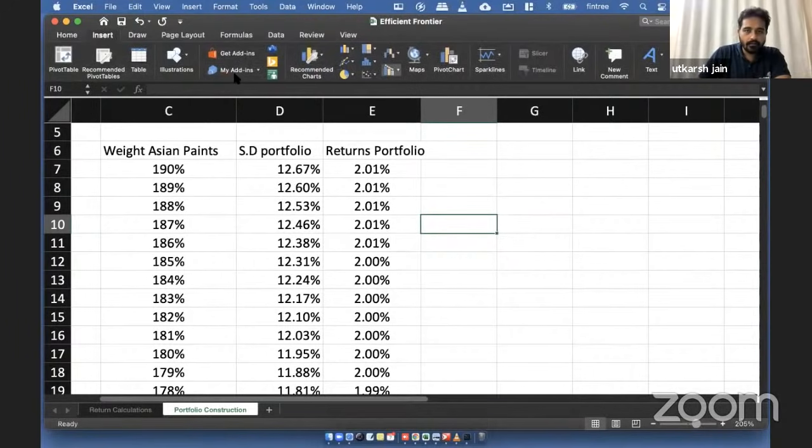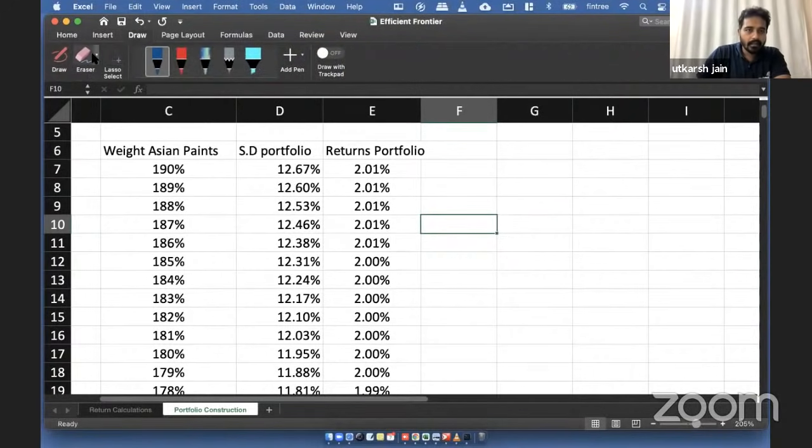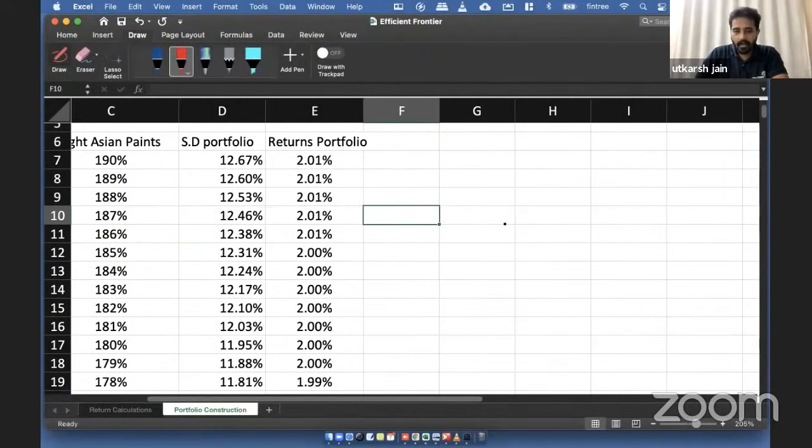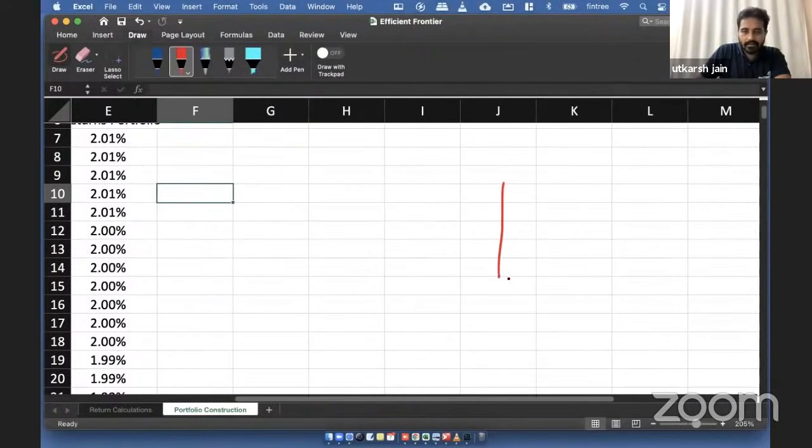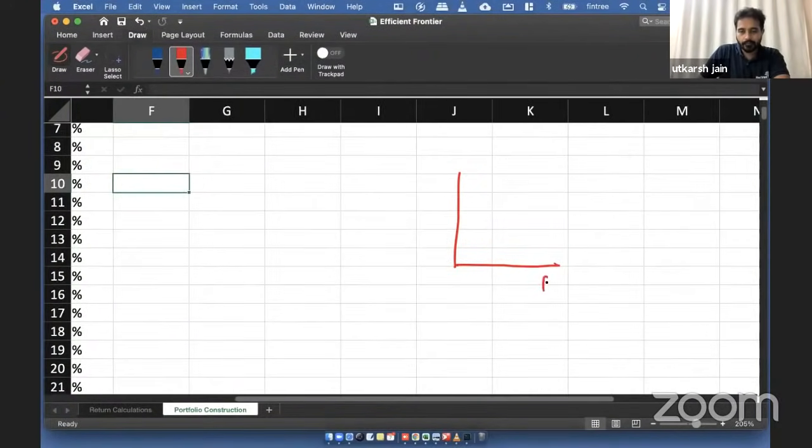I'm going to create a graph where I want to plot the risk of the portfolio on the x-axis and return of the portfolio on y-axis. And what's your intuition? What do you think would be the shape of this graph?